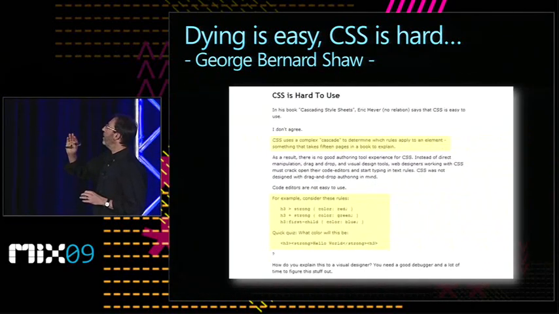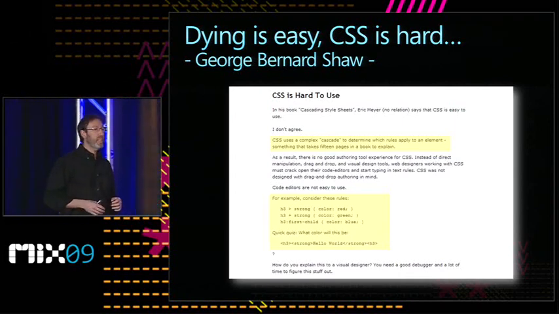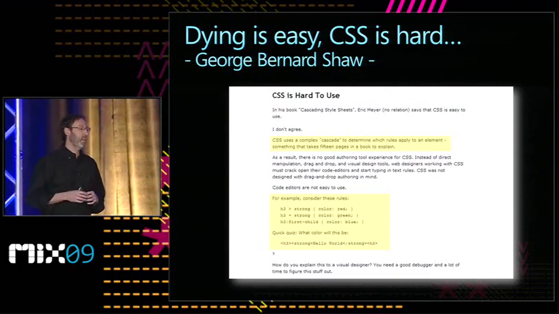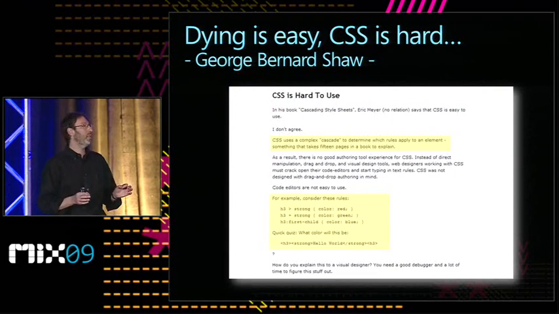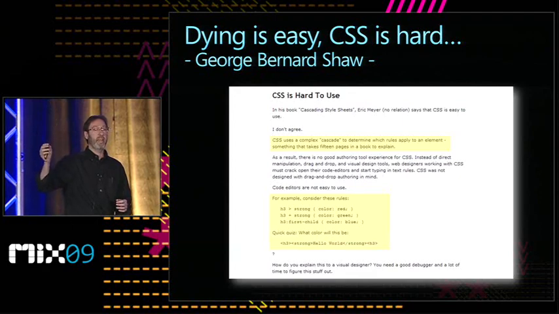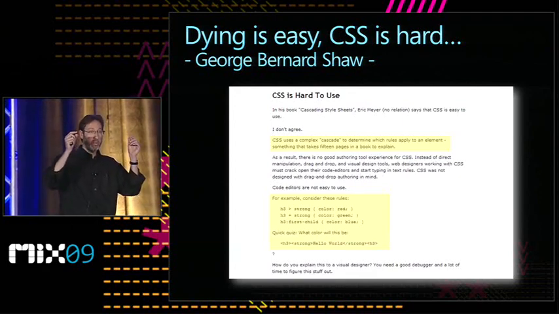So that's a problem. In his book, Cascading Style Sheets, Eric Meyer says that CSS is easy to use. I don't agree. CSS uses a complex cascade to determine which rules apply to an element, something that takes 15 pages in a book to explain. Actually, I think it's probably closer to 50 pages. But this, to me, is a fairly eloquent statement of the problem, which is that we have this really complex cascade, which is determined by inheritance, so HTML elements inheriting from their ancestors.